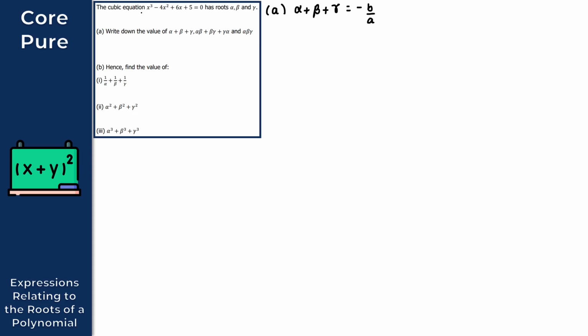Okay. So going back to this cubic equation, let's just obtain the coefficients. So a is equal to 1, b is equal to minus 4, c is equal to 6, and finally d is equal to 5. Okay.